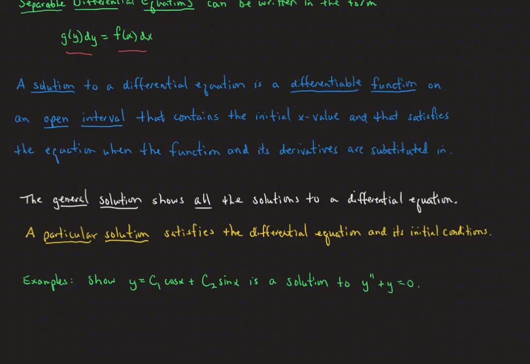So remember, when we solve a differential equation, we're looking for a function. The general solution shows all of the solutions to a differential equation, so they'll oftentimes have a constant and sometimes more than one constant. A particular solution satisfies the differential equation and the initial conditions.